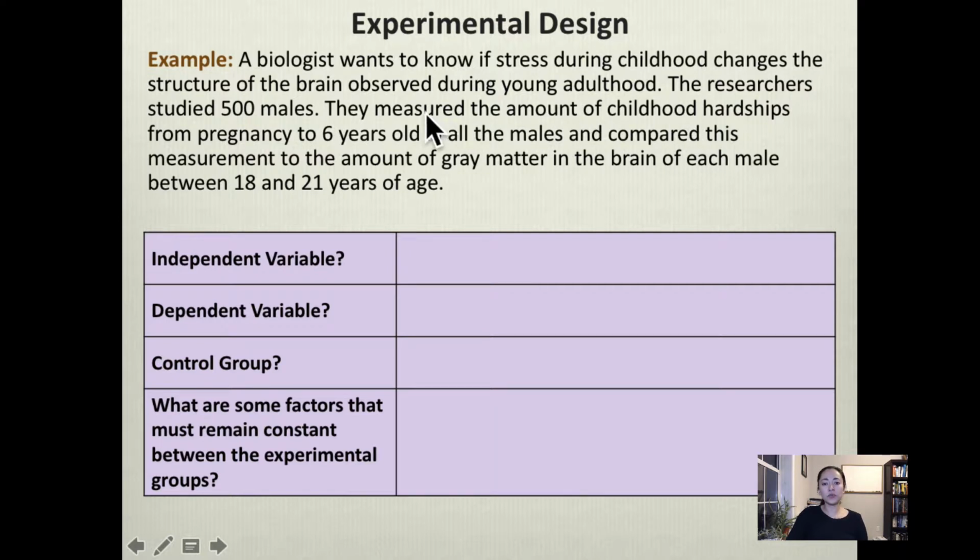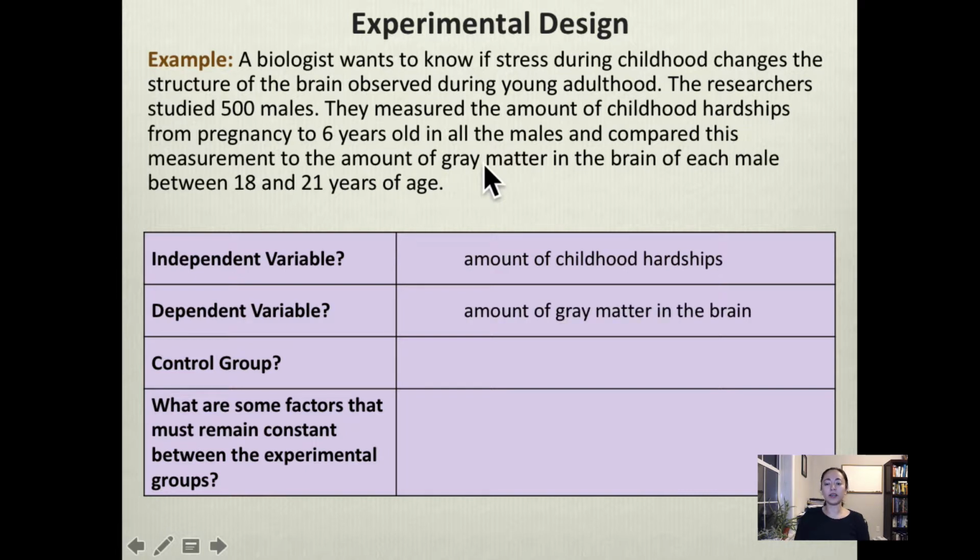So this is what they're measuring here, and the amount of childhood hardships is causing a change in the brain, or may cause a change in the brain. So that is our independent variable. Our dependent variable is dependent on the independent variable, and that would be the amount of gray matter in the brain. Is there a control group in this experiment?